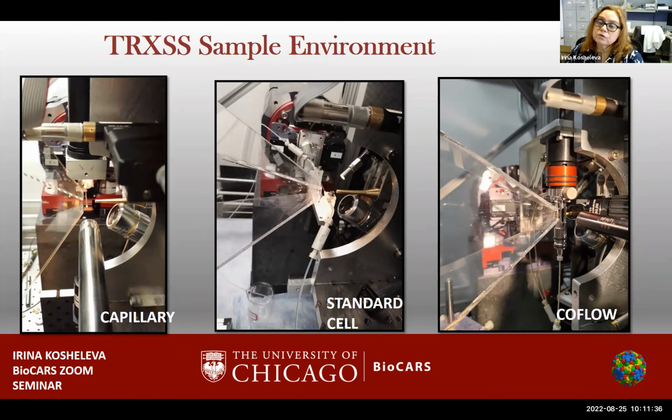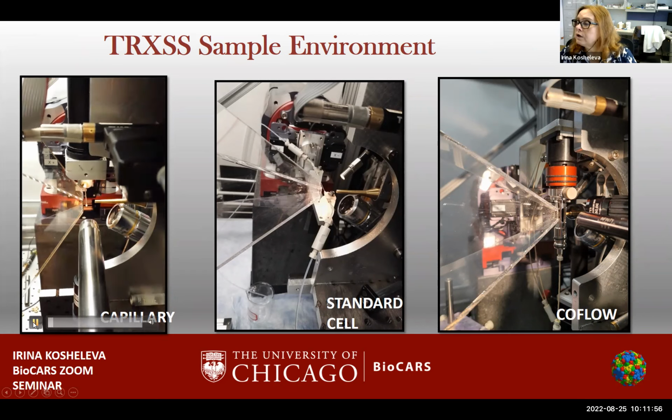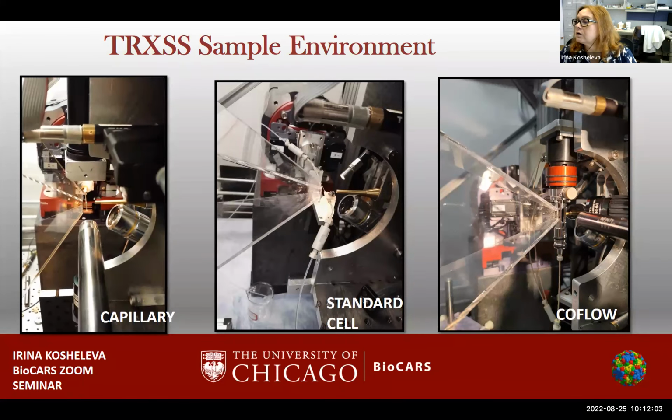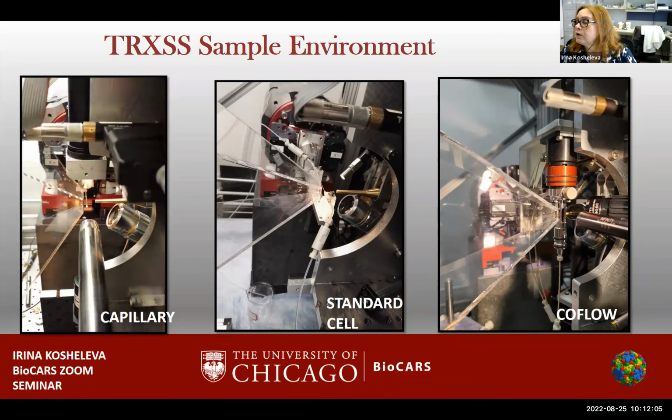We have several solution scattering setups. The very first solution scattering setup was put together in the 2000s, when we used a capillary which contains the sample, and then we refresh the sample by scanning the capillary through the beam. In this setup, we see an oil cone and cryogel to stabilize the temperature.